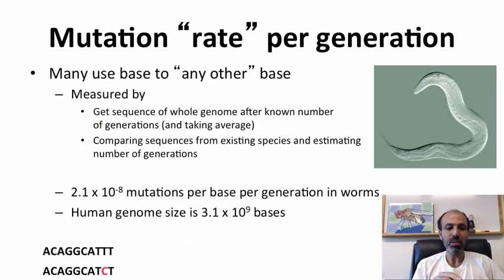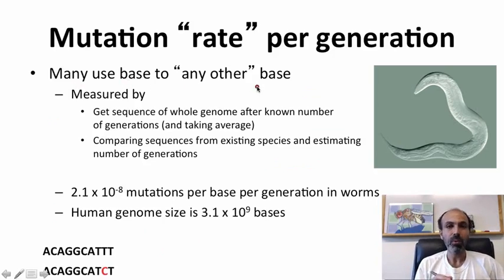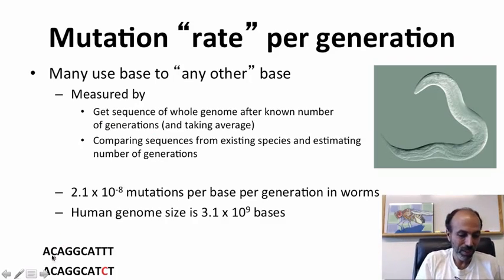So how do you get this mutation rate per generation? Well, again, as I said, we'll use this base to any other base definition. And what people often do is they'll get a sequence of either a whole genome after a known number of generations or a big stretch of DNA. So let's imagine this is a 10-base genome. This is obviously ridiculously small. ACAGGCATTT.